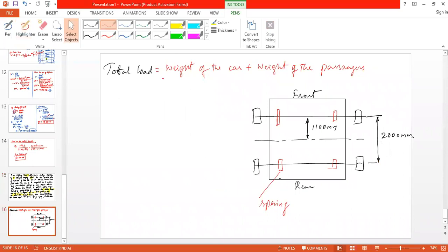So whatever load we are talking about, 9,000 Newton, is a static load. The car weight is around 9,000 Newton, and the weight of each of the 5 passengers is 600 Newton. So whatever load you get here has to be multiplied by the load factor. So the total load is 9,000 Newton plus 5 into 600, and that multiplied by 2.5. So this is the total load on 4 springs. What is the total load?